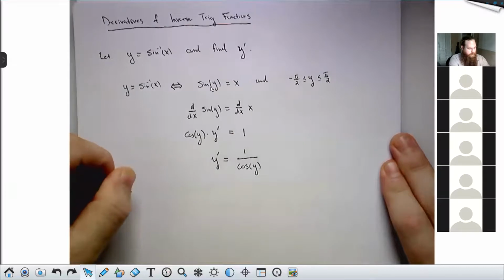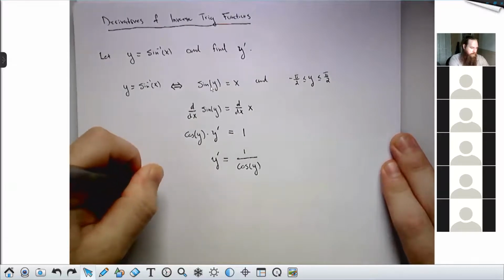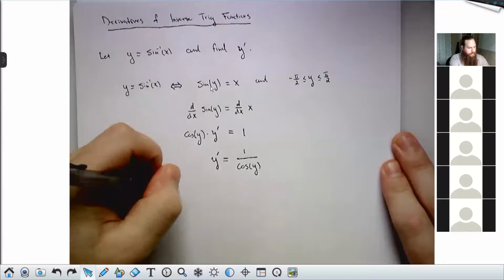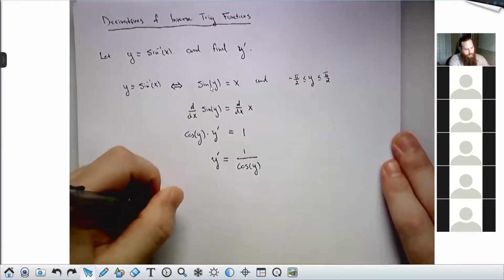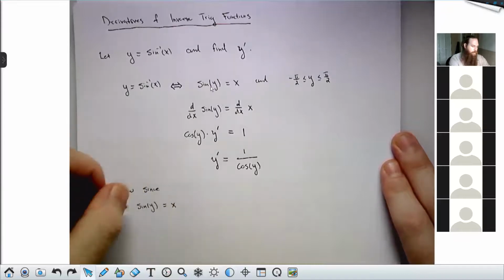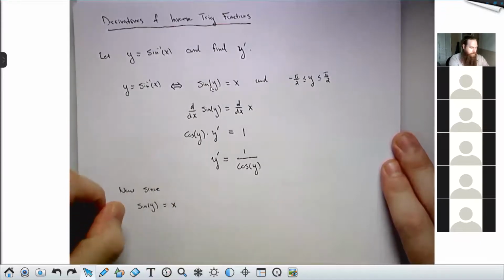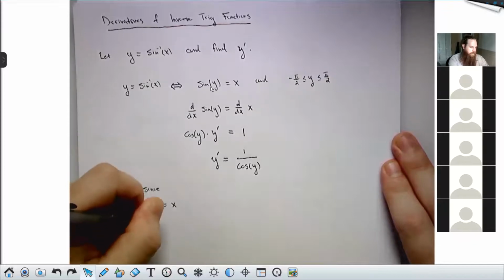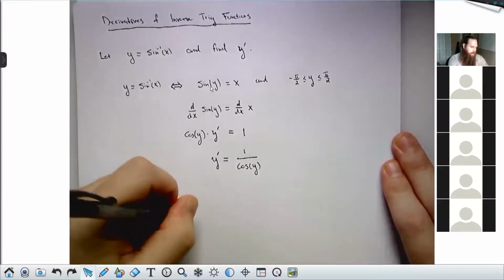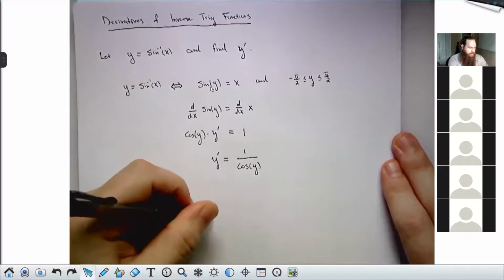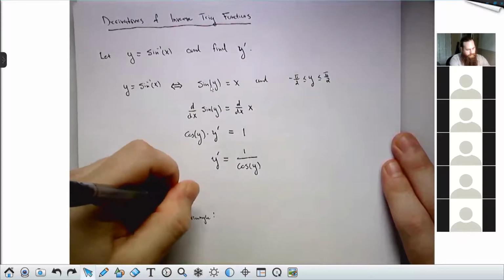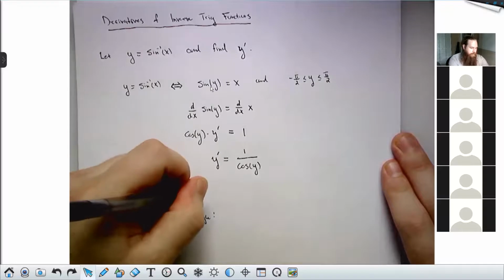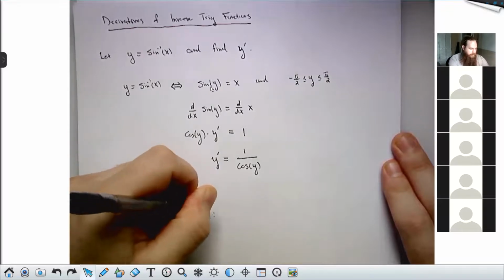So now, since sine y is equal to x, we can draw a triangle. x is the same as x over 1, and sine, remember, is the opposite over the hypotenuse.